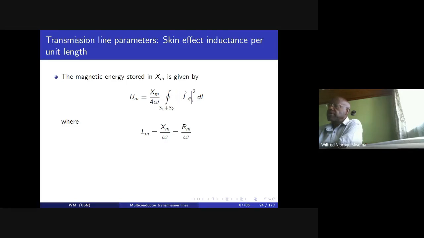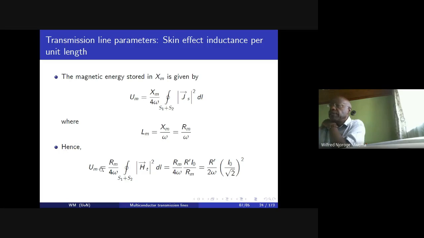That is where this is the surface current density, which is obtained from the tangential component of H. We can now write that Lm, the inductance associated with the reactance Xm, is going to be given by Xm over omega, and it's going to be given by Rm over omega there. This is usually called the internal inductance of the conductors, and this appears whenever the conductors have finite conductivity.